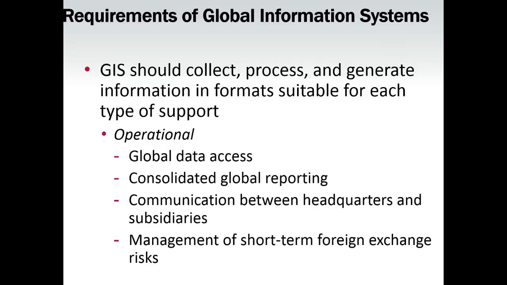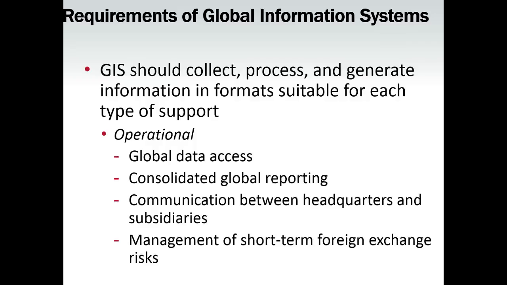Some of the operational categories can be classified as global data access, which is online access to information from locations around the world, which allows management to monitor the global operation from the company's headquarters. Consolidated global reporting is also a very crucial tool for management that has overseas subsidiaries.